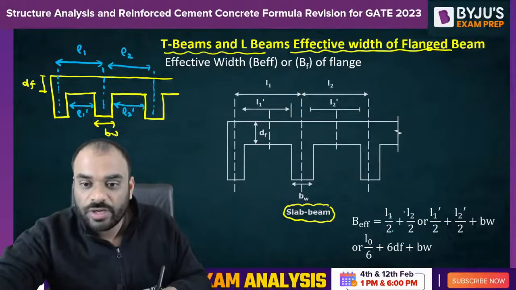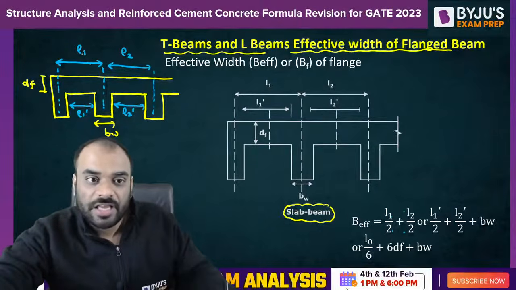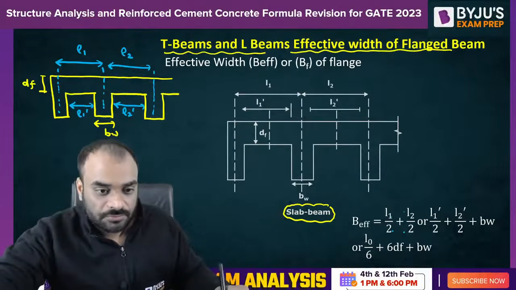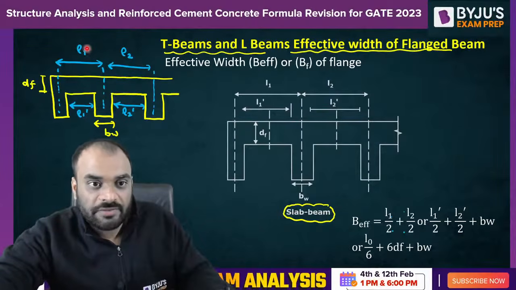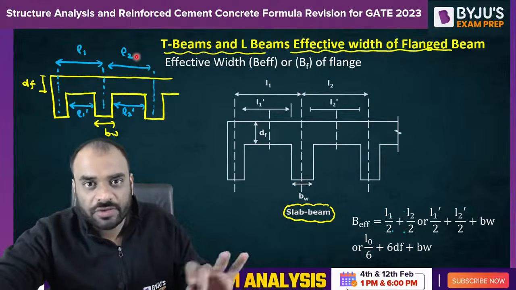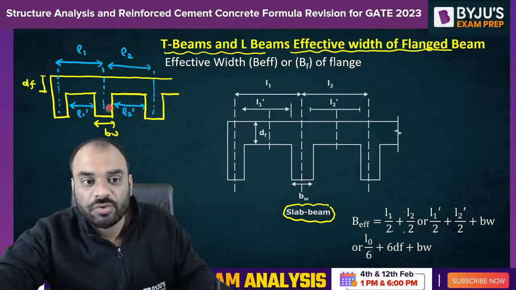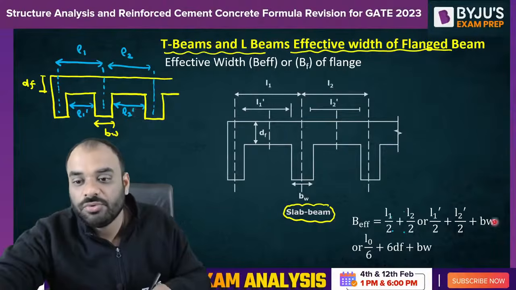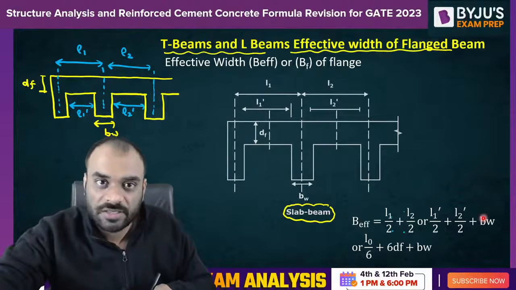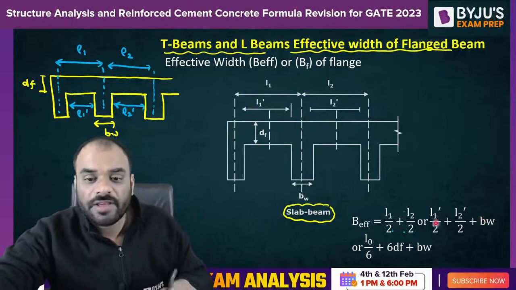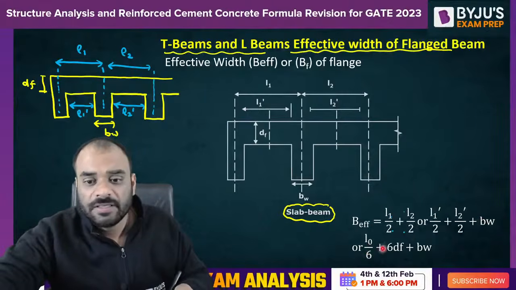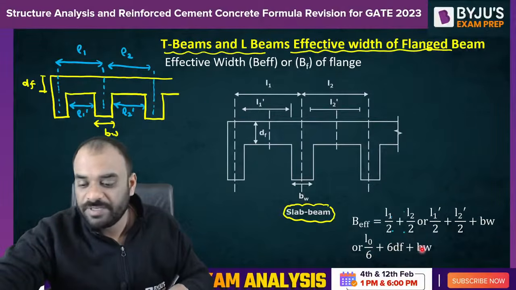Now what is our formula to calculate the effective flange width? Either you can use this formula: L1 divided by 2, L2 divided by 2 plus Bw. This is one of the formulas. Or you can write L1 dash divided by 2, L2 dash divided by 2 plus Bw. That is the second formula. The third formula is L0 divided by 6 plus 6 times Df plus Bw.